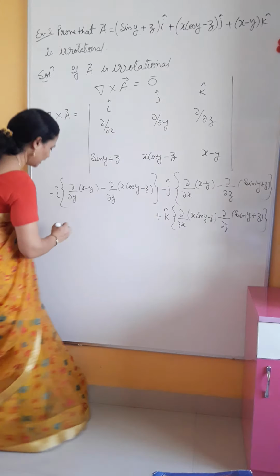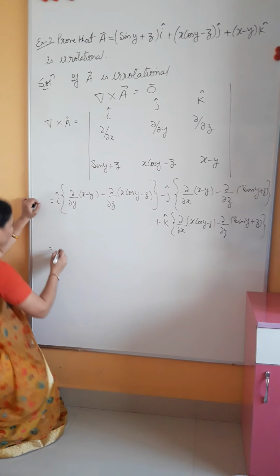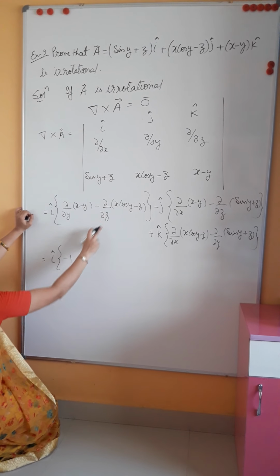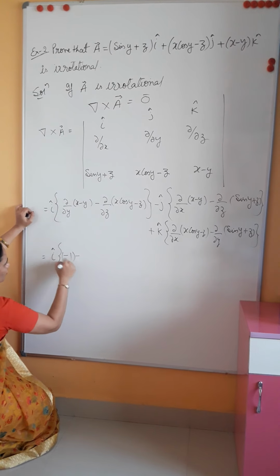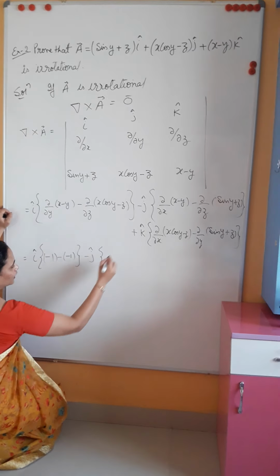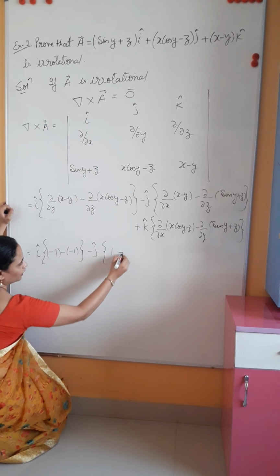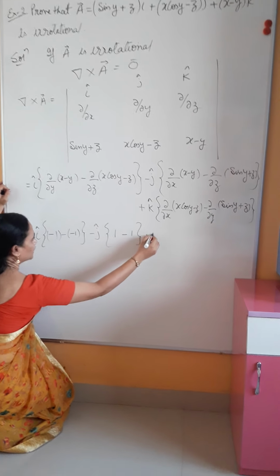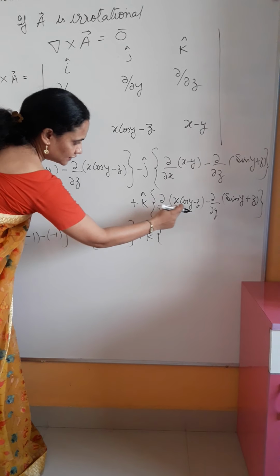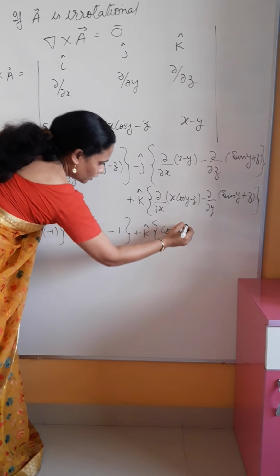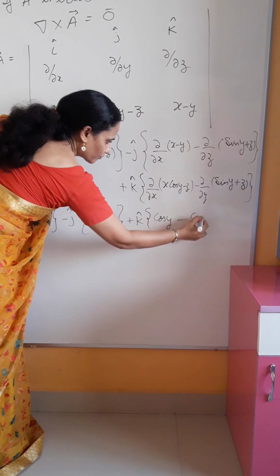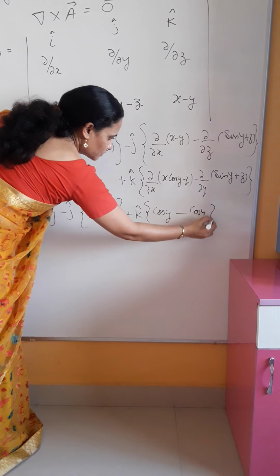So simplify these values. So we get i cap, dou by dou y of this is minus 1, dou by dou z of minus 1, minus j cap, dou by dou x of that is 1 minus dou by dou z of that is again 1, plus k cap, dou by dou x of this function. So x is differentiated, here we get cos y. This is 0. Now differentiation of sin y is cos y and the differentiation of this with respect to y is 0.